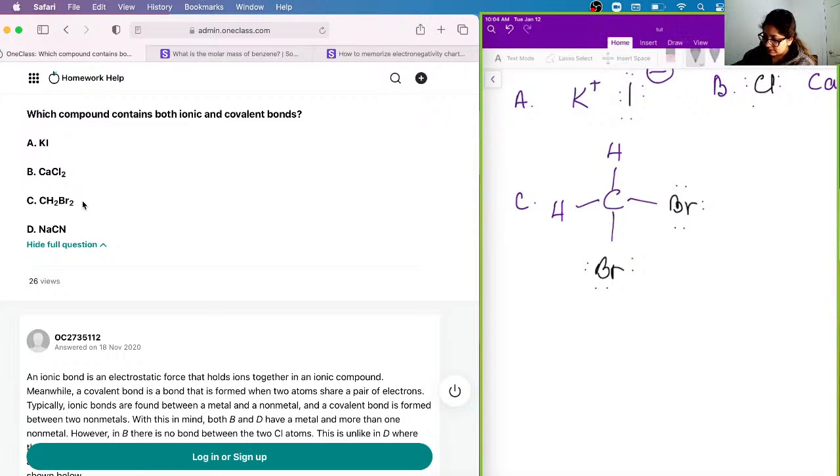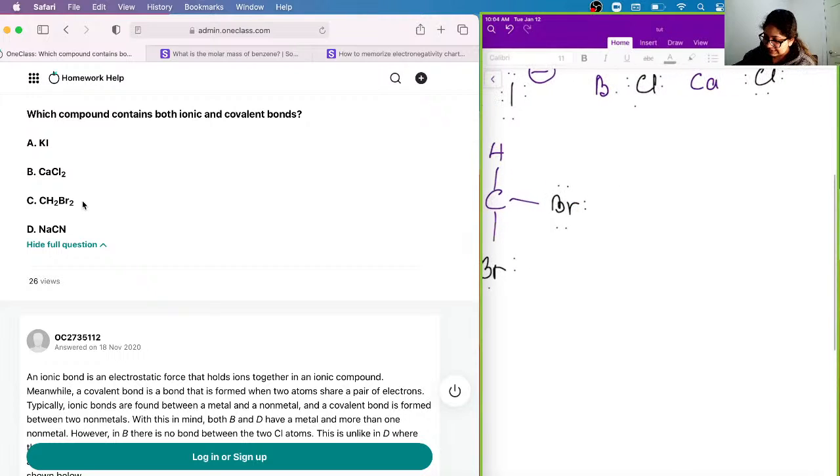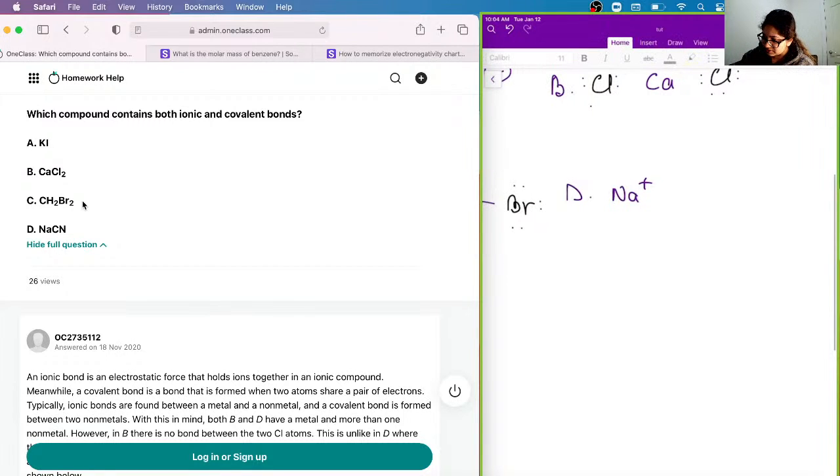And lastly, our last compound is sodium cyanide. We have Na plus, and you have your cyanide, which is C triple bonded with nitrogen.